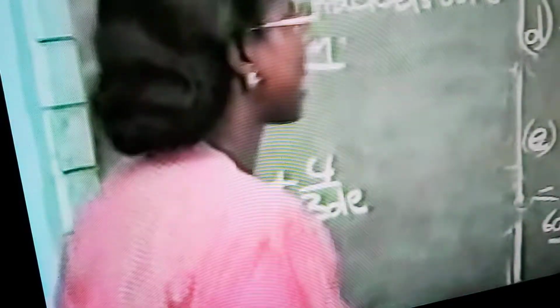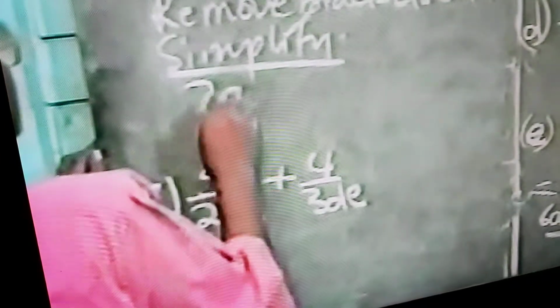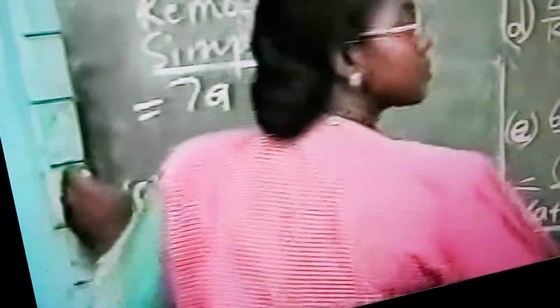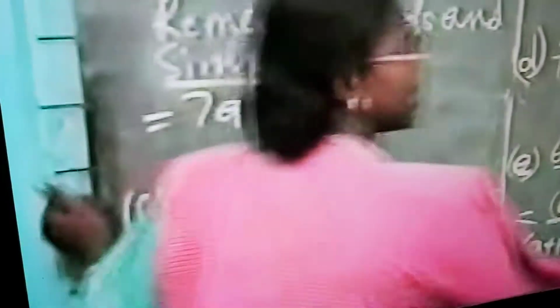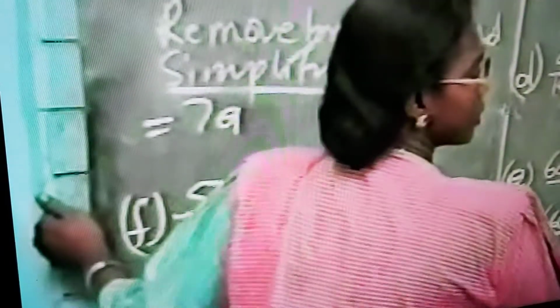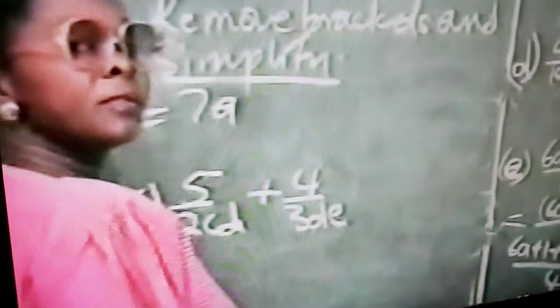When you collect like terms, it becomes 6a plus a, 7a plus 1 minus 5. Are these like terms? No. This is negative, this is positive. So you have only one thing to pay back, and you are owing 5. So you still be owing 4.